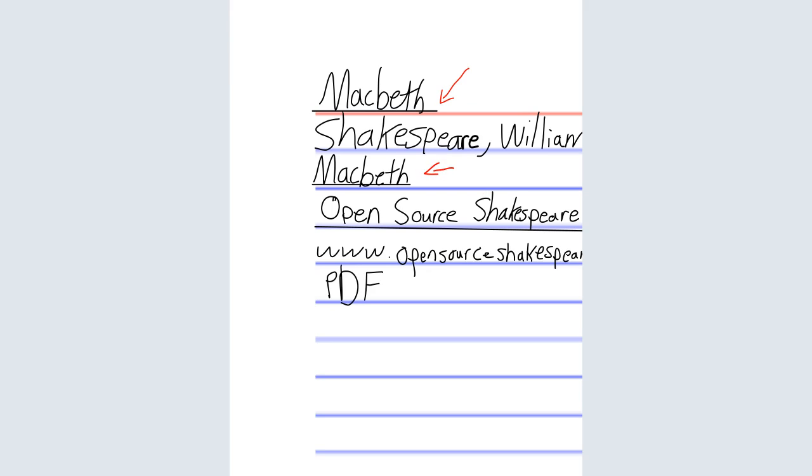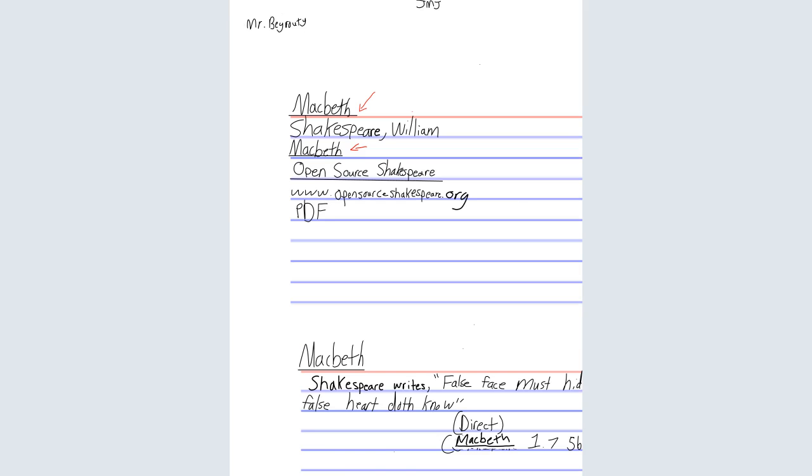The next thing is the Open Source Shakespeare, which is the source of the PDF that we used. That is also underlined. And the name of the source is www.opensourceshakespeare.org. A lot of this is repetitive, but it's just the proper format. And then also include that it was a PDF.